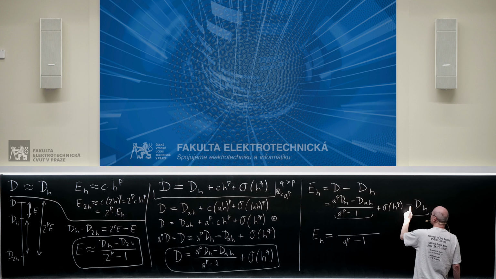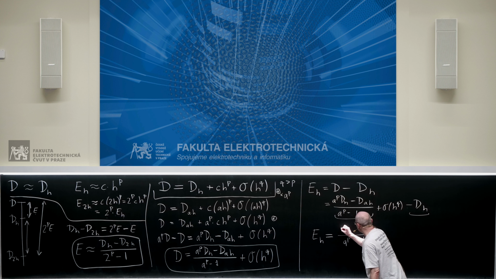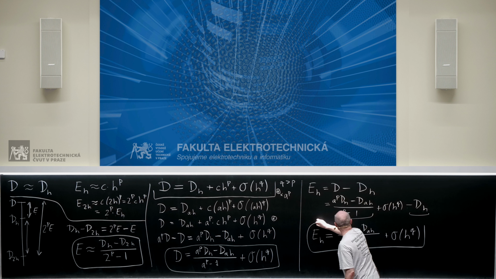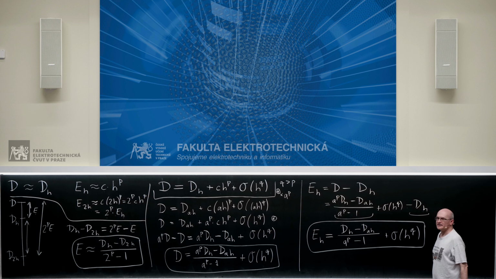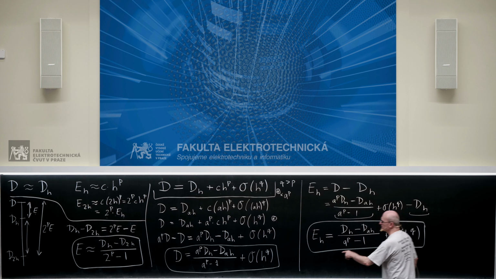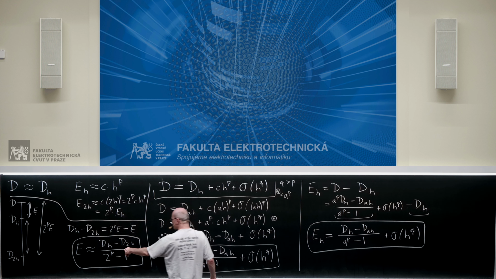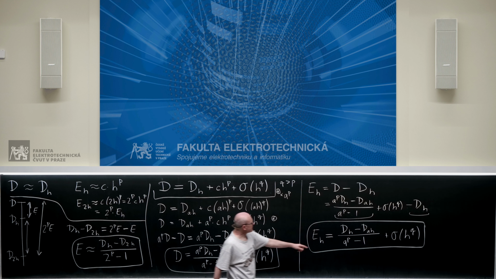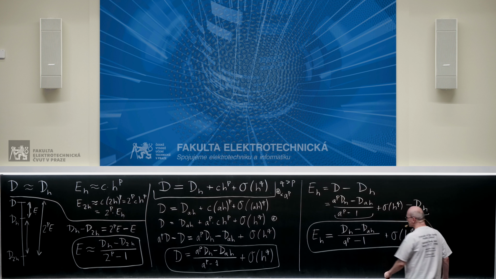Then it's subtracted, actually added, so there will be d_h minus d_{ah}, plus capital O(h^q). And that's interesting. Is it the same formula? The answer is yes, because if I double the step, then a becomes 2, and it works exactly.